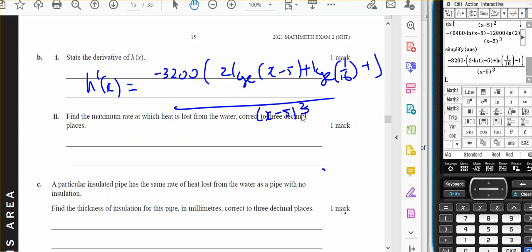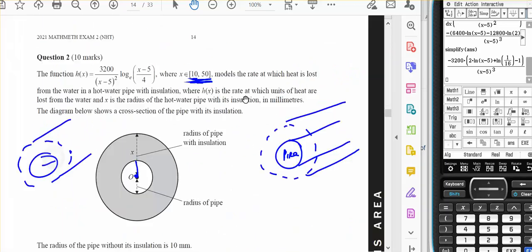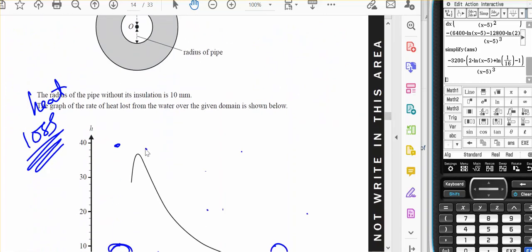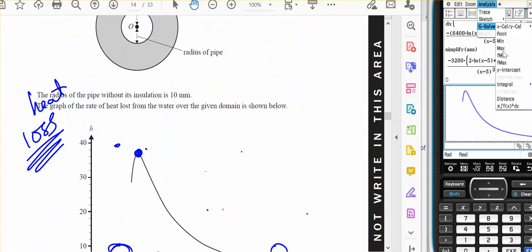And don't change anything. Find the maximum rate at which heat is lost from the water, correct to 3 decimal places. The maximum rate is going to be this value here. So at 3 decimal places, I could find analysis, gsolve, maximum.